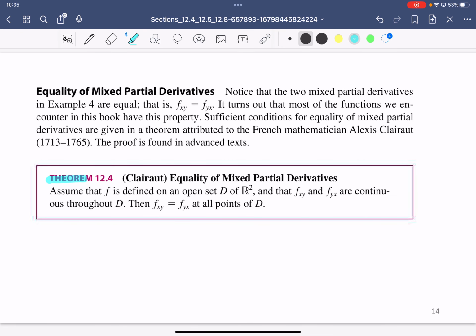Theorem 12.4 in the book says that when you have some good condition, you can conclude that fxy equals fyx. They say: assume that f is defined on the open set D, a subset of R squared, and fxy and fyx are continuous throughout the domain D, then they are actually equal at all points of D. So the keyword is continuous. Basically fyx and fxy are gonna be equal to each other if they are continuous.